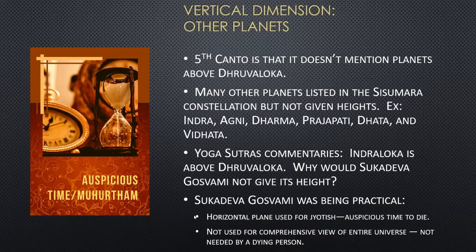At this moment in the narrative of the Bhagavatam, the person who is hearing the Bhagavatam is Maharaj Parikshit, and he is going to die in 7 days. A comprehensive view of the entire universe is not really helpful for somebody who is going to die, but telling this person when is an auspicious time to die is a concern that the person might have.